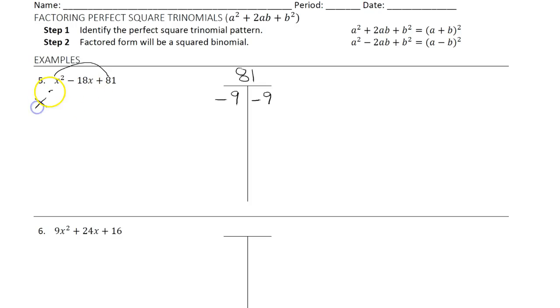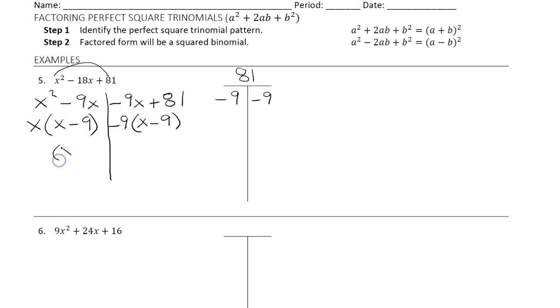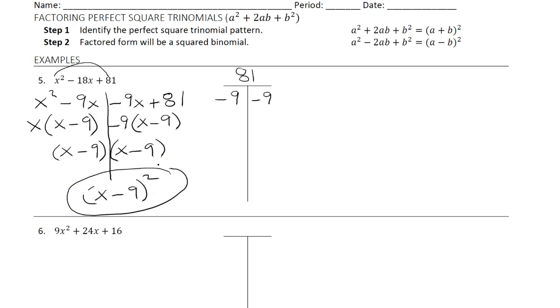Now write it out: x squared minus 9x minus 9x plus 81. Factor by grouping. Notice that my answer comes out to x minus 9 times x minus 9. We usually write this as x minus 9 squared, a perfect square trinomial.